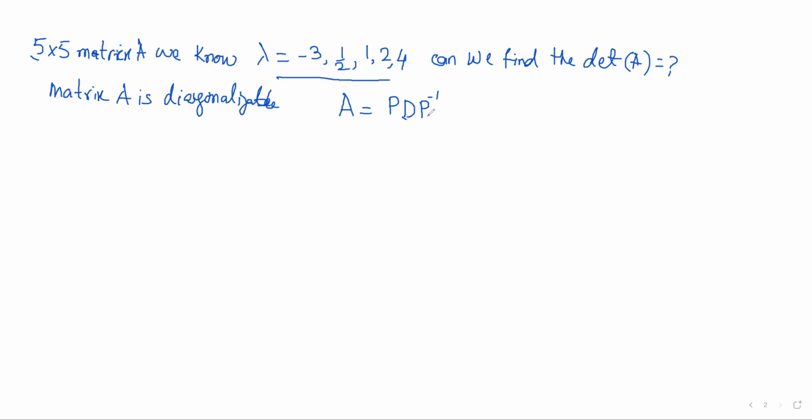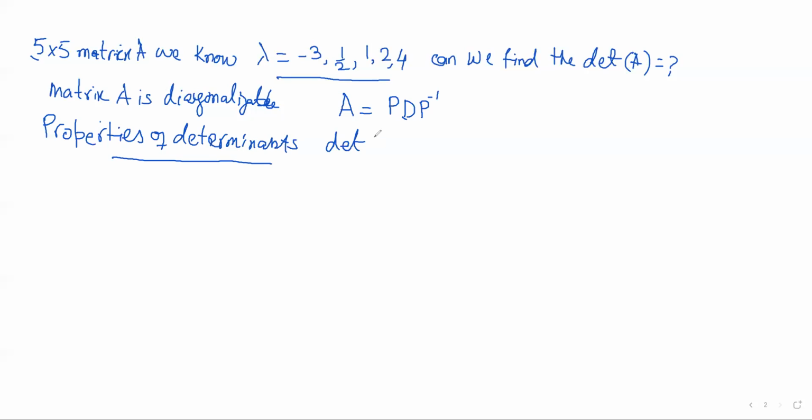Here D is the diagonal matrix, and we remember from the properties of determinants that for an upper triangular, lower triangular, or even a diagonal matrix, the determinant is equal to the multiplication of the elements on the diagonal.